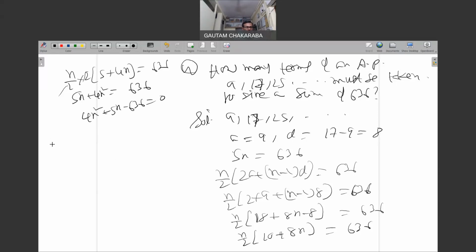You multiply the n square coefficient 4 and 636, and you make the prime factors of 4 and 636. Now 3 times 12 is 48, and 53 minus 48 is 5.